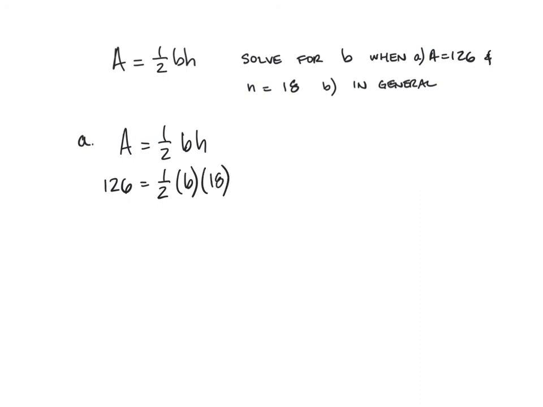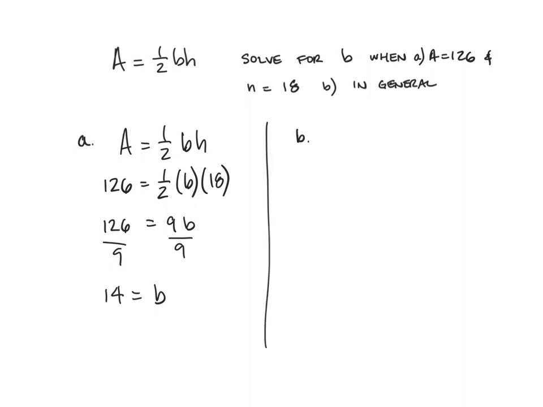Okay, so this is going to be 126, and the 1/2 times 18, so that's just going to be 126 equals 9b, so I'll divide both sides by 9, and 126 divided by 9 is 14. So b is equal to 14 in this case. So that's part A. Part B is to solve it in general for b.